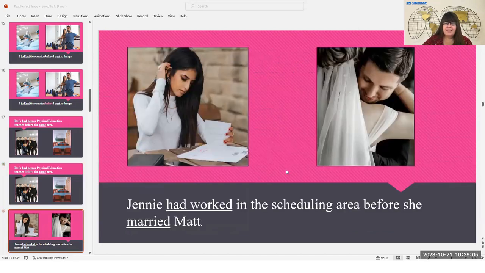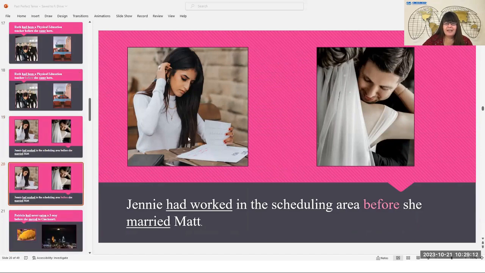Ginny had worked in the scheduling area before she married Matt. So it means that Ginny was single, not married, and she started working in the scheduling area. And then later, she married her husband, Matt. But this happened before this. Ginny had worked in the schedule area before she married Matt.